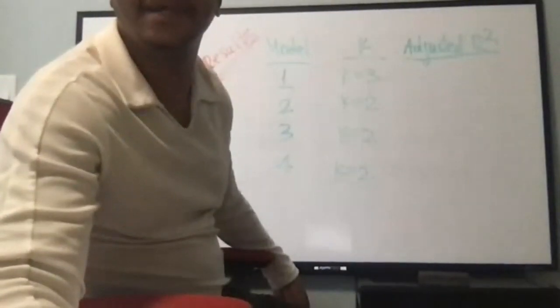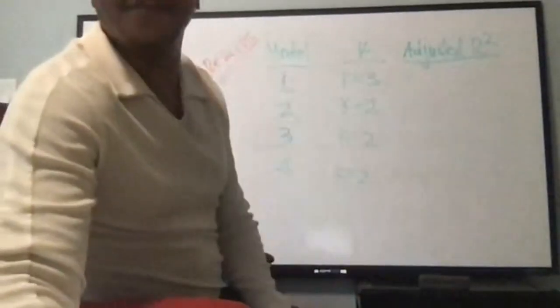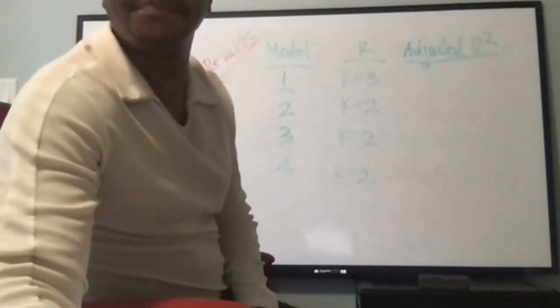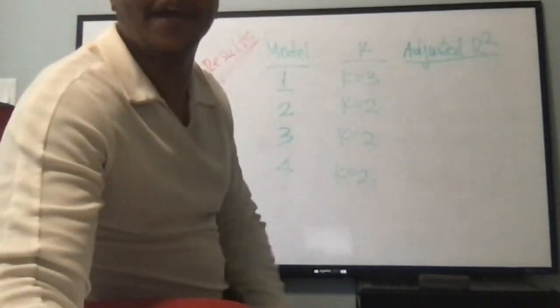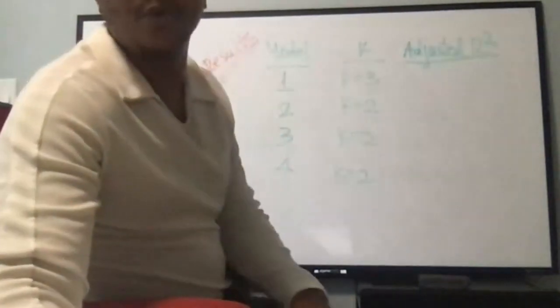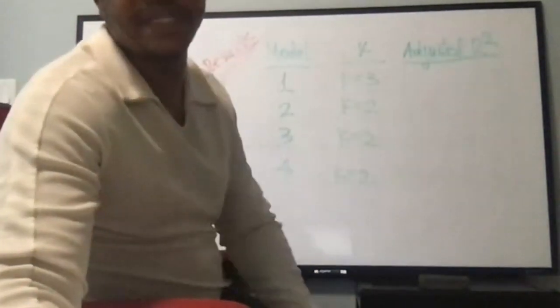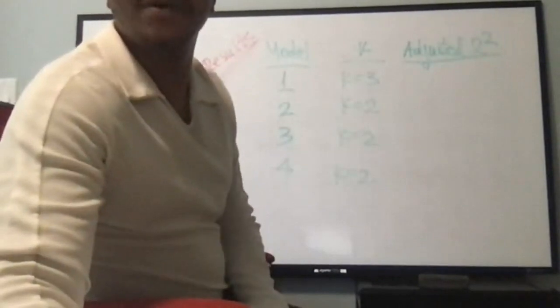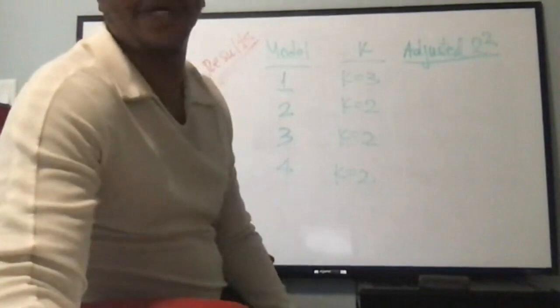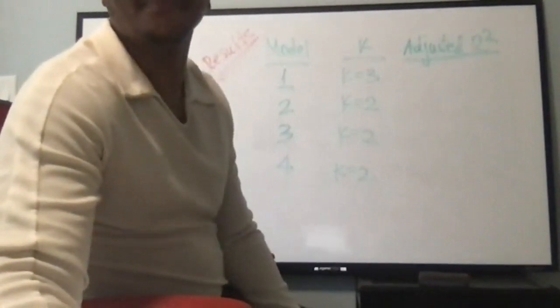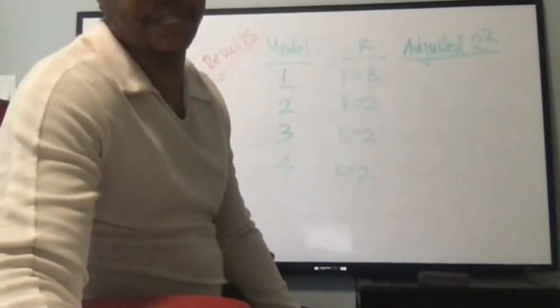So let's see, number 1. If we look at number one, we are not comparing across groups. So when we're not comparing across groups where these Ks are different, which value on here answers the question for number one? Is the line a good predictor?